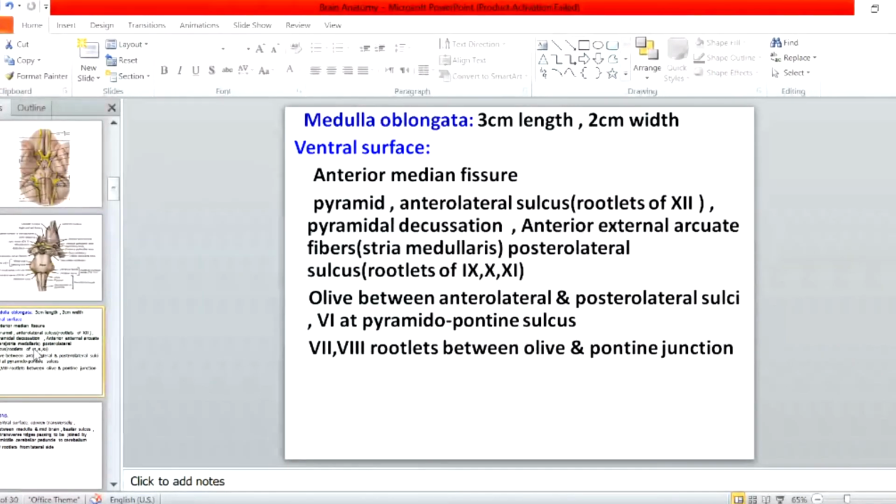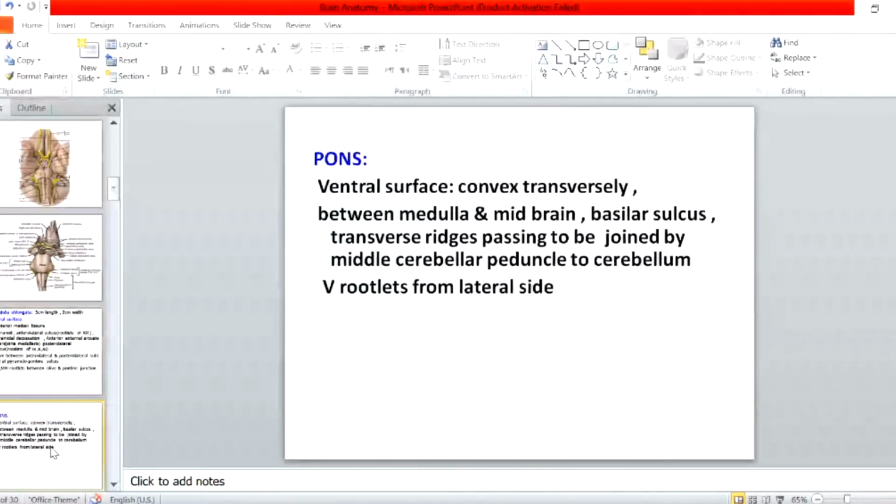Then we come to the olive, lateral to it, between the anterolateral and posterolateral sulci. The 6th nerve emerges at the pyramidopontine sulcus, between the medulla and the pons. Rootlets of the 7th and 8th cranial nerves emerge between the olive and the pons. Then the ventral surface of the pons, convex transversely, contains a basilar or pontine sulcus.